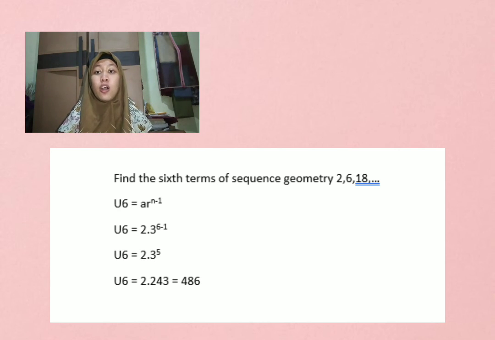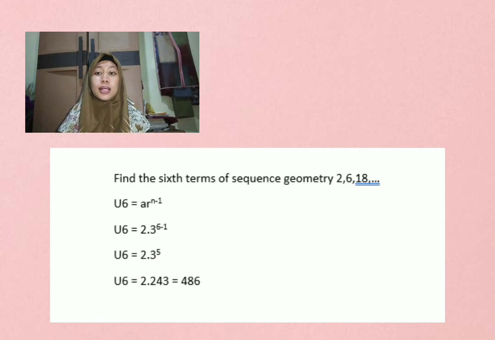Question number 4. Find the 6th term of the geometric sequence 2, 6, 18, and so on. So the 6th term equals 2 times 3 raised by 6 minus 1 equals 2 times 3 raised by 5 equals 2 times 243 equals 486.